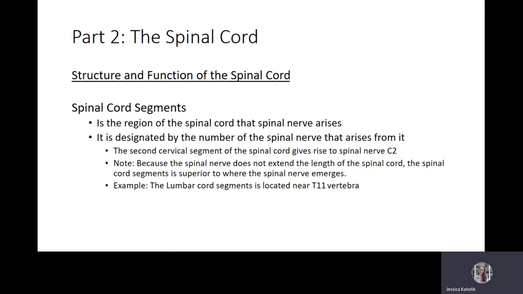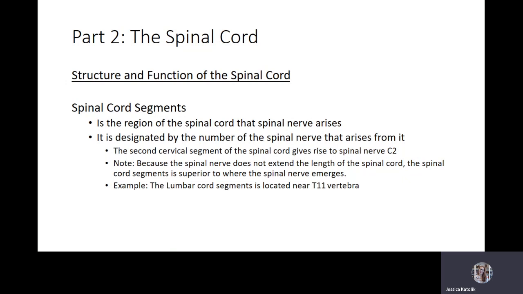The spinal cord is actually divided into segments, and the segments are named based on the spinal nerve that arises from that region. And so, for example, the region that creates the C2 spinal nerve will be called the second cervical segment of the spinal cord.